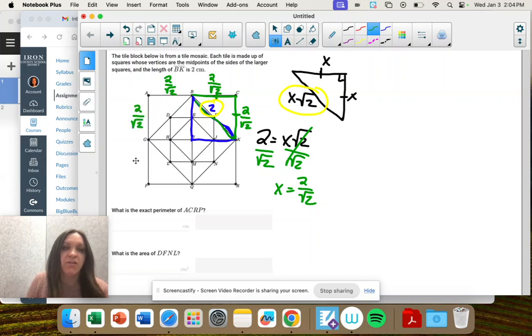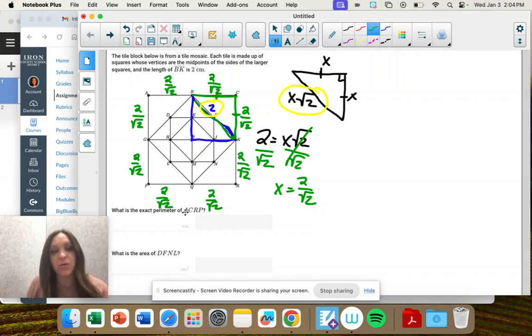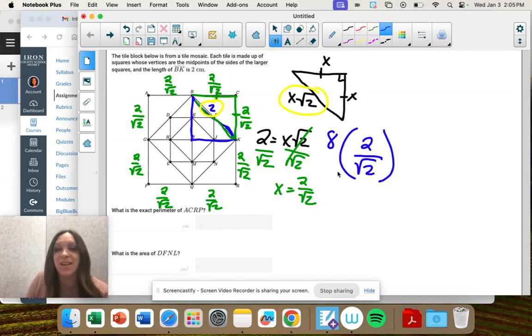So how many of these are there? Well, I've written down 1, 2, 3, 4, 5, 6, 7, 8. So when it's asking for the perimeter, we want to add all 8 of those. And instead of plus, plus, plus, plus, plus, plus, plus, we just times it by 8.